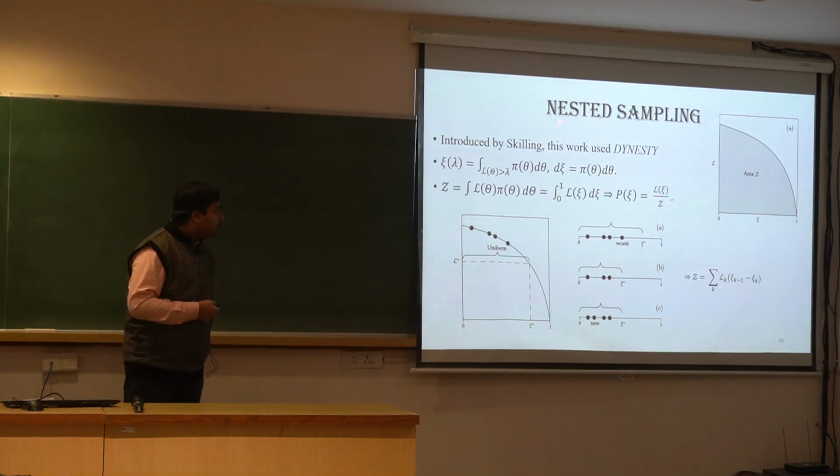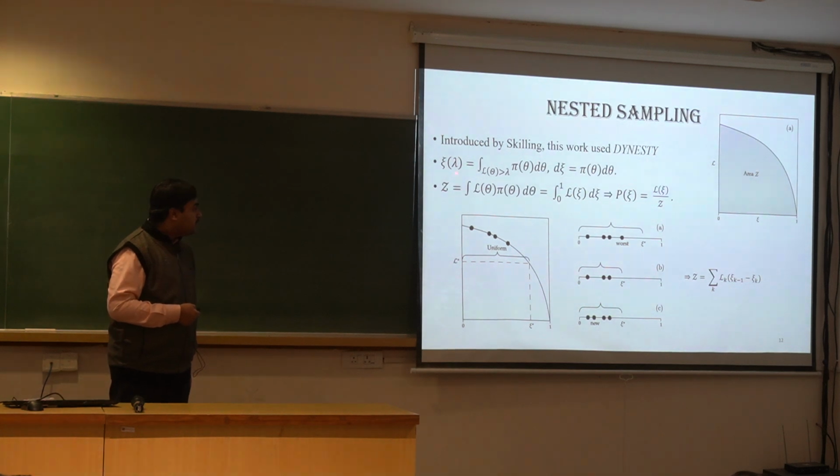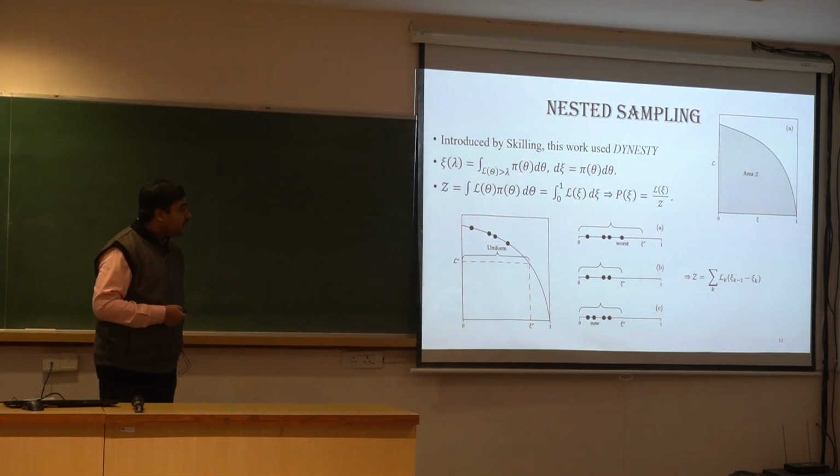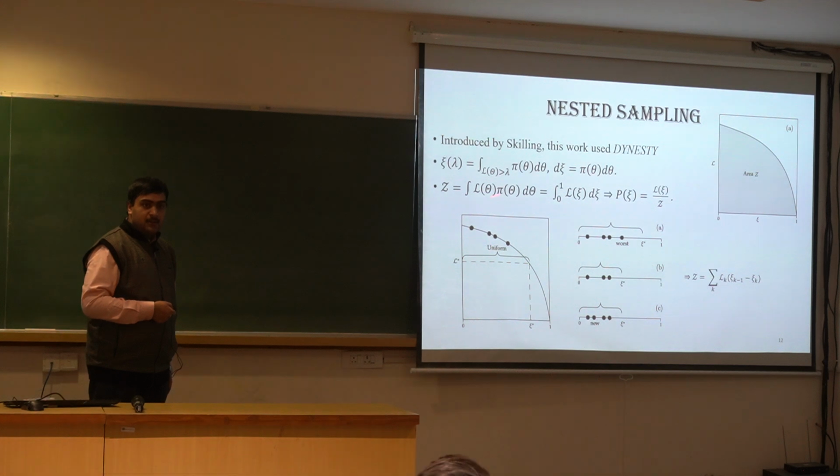What Skilling introduced in nested sampling was that he said, let me introduce this parameter xi here, which is a function of lambda. I'm defining xi as the amount of prior with likelihood value greater than this factor lambda. If we construct this kind of a xi factor here, then our evidence integral will become this here.